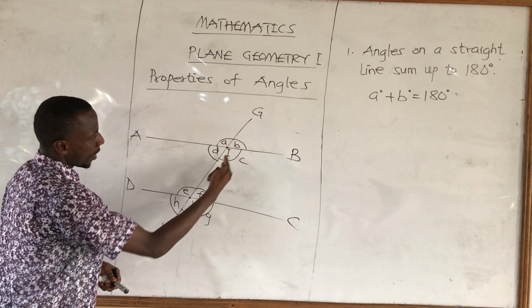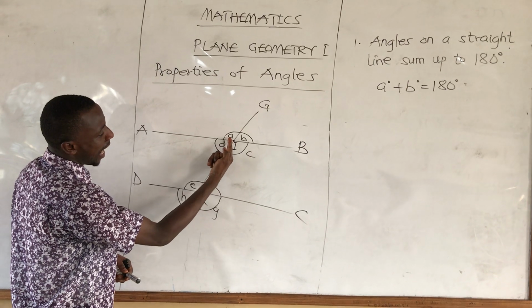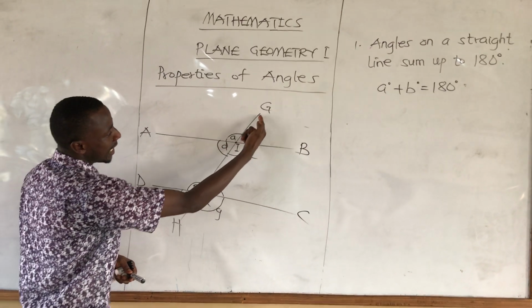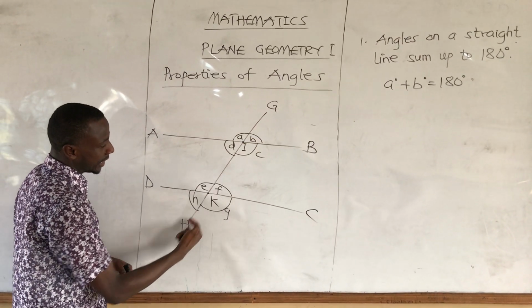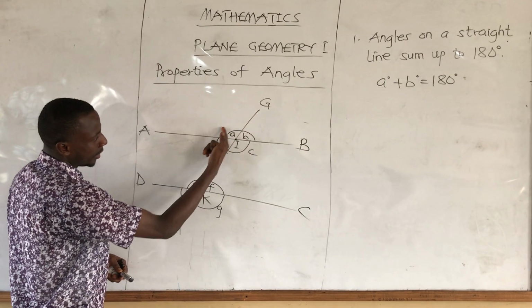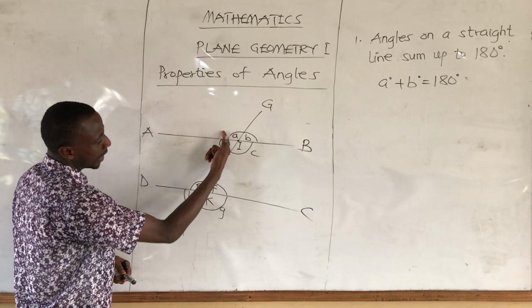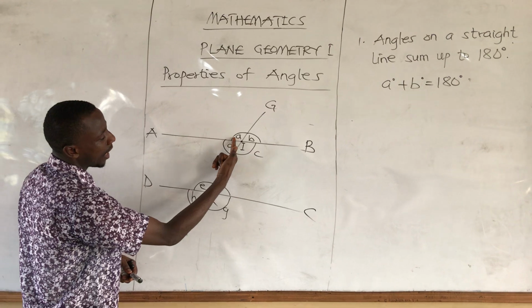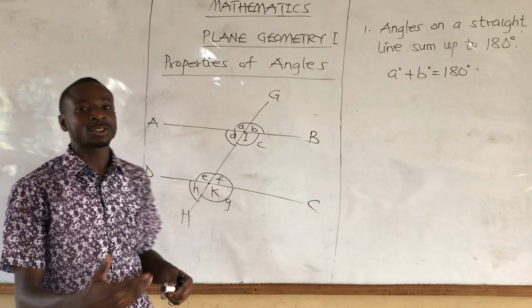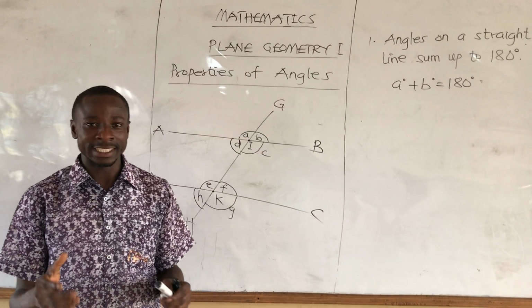Again, we can also see that angle A and angle D are lying on line GH. In that case, angle A plus angle D is also equal to 180 degrees.